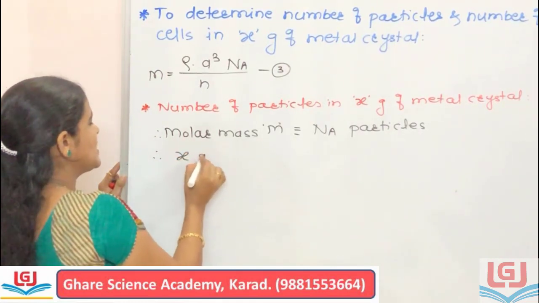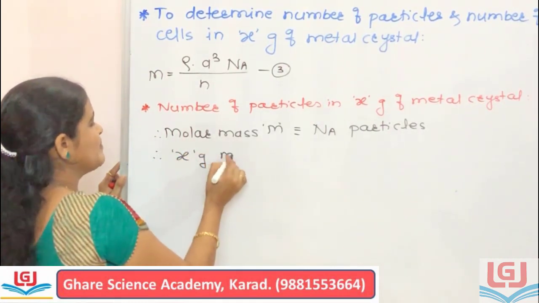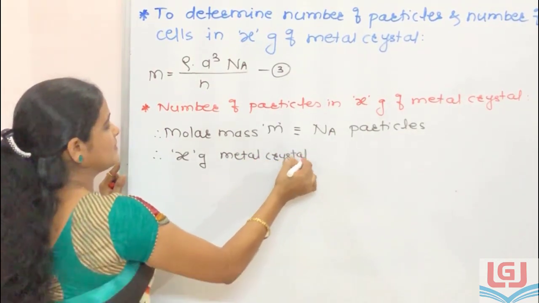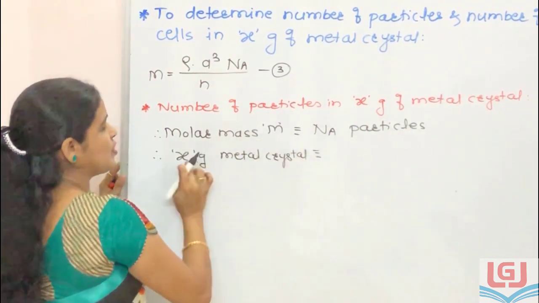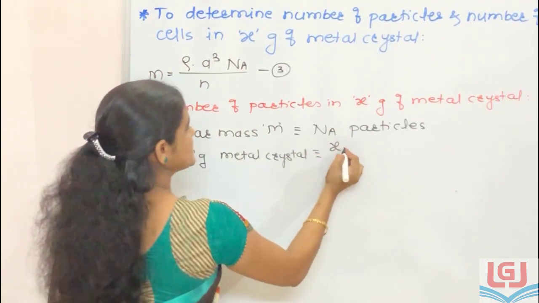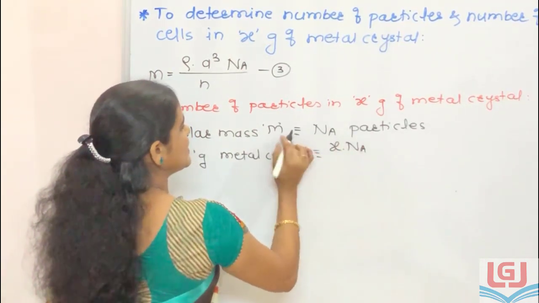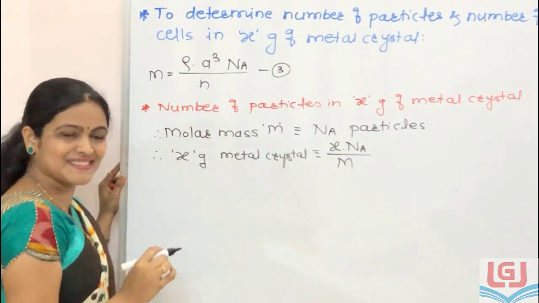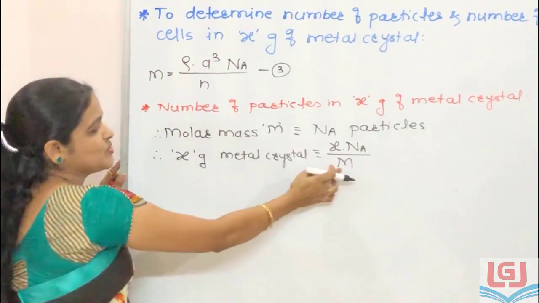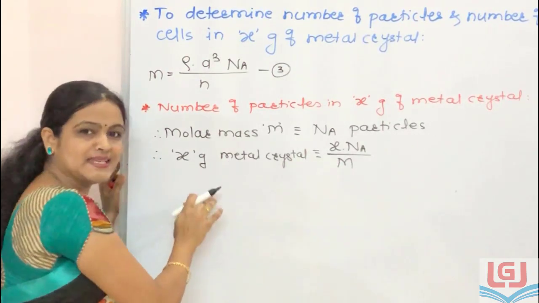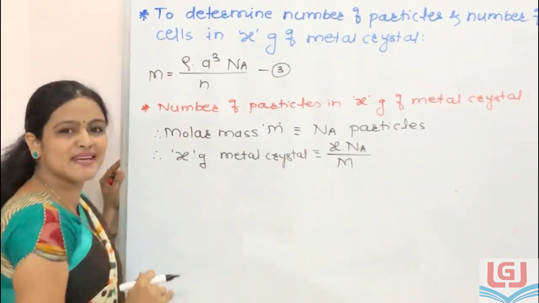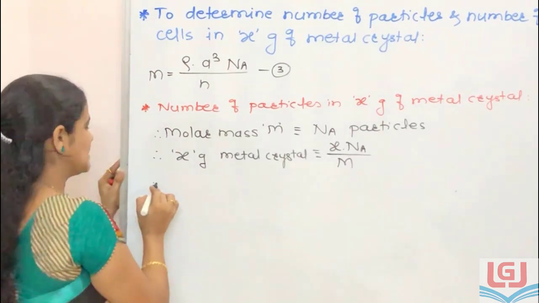Therefore, x gram metal crystal corresponds to x into Na upon M particles. So substituting the value of M in this equation, we get number of particles in x gram of metal crystal.